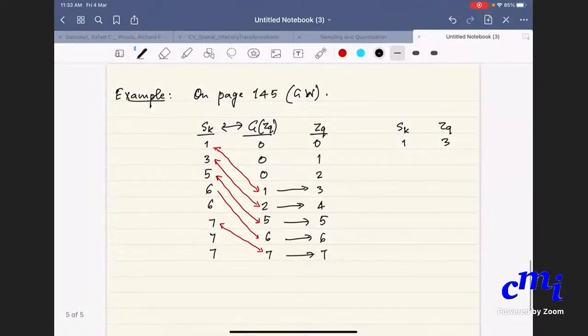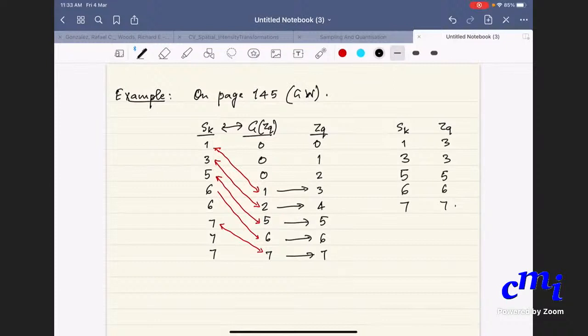You just compose these correspondences. 3 corresponds to 3, 5 to 5, 6 to 6, and 7 to 7. This is what we mean by a lookup table. We wanted to actually compute G inverse of TR, but because there are finitely many values, you can just do this matching and hence get the correspondence.